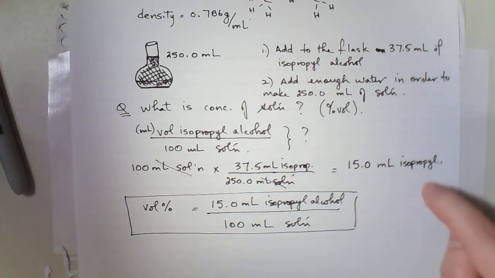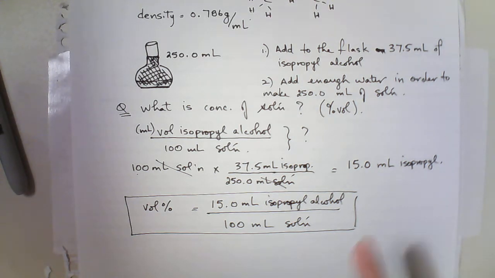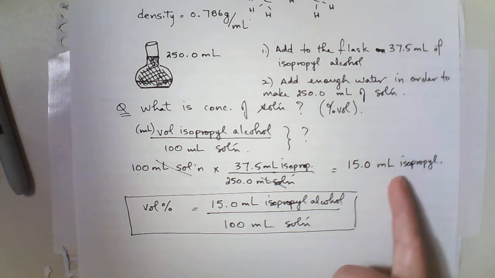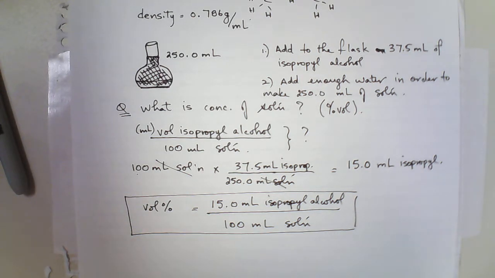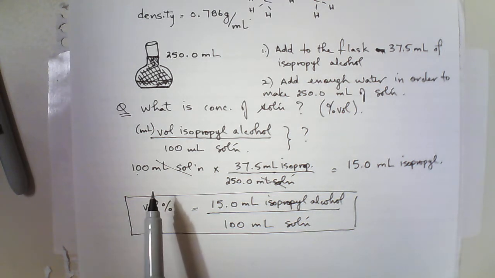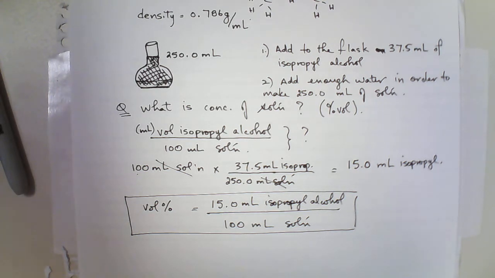But what is that value? Well, that is the corresponding volume of isopropyl alcohol to 100 mils solution. In other words, that is the volume of isopropyl alcohol in 100 mils of solution, which is precisely the ratio that I want to express as volume percent. And so I put, there's 15 mils of isopropyl alcohol per 100 mils of solution.